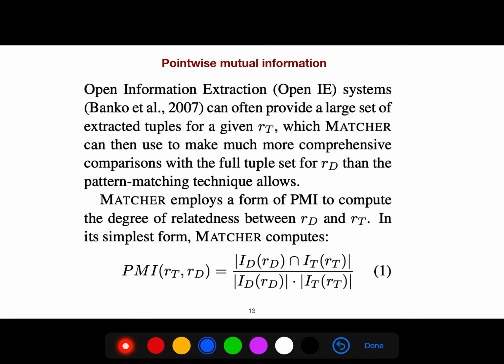Just run it by Java, and then pointwise mutual information. When people say they use OpenIE, it means it can often provide a large set of extracted tuples for a given R of text.